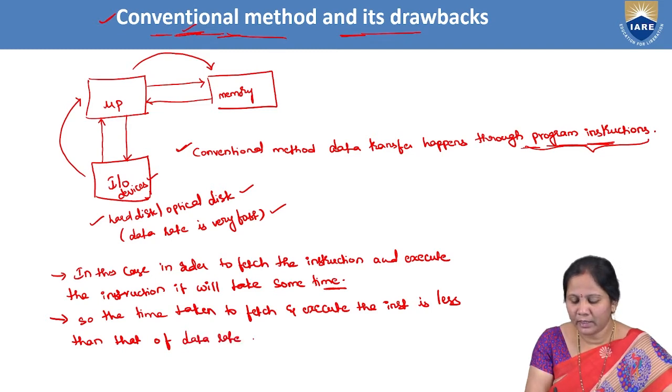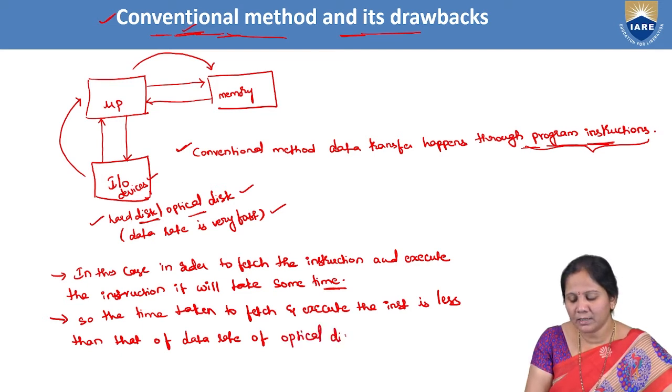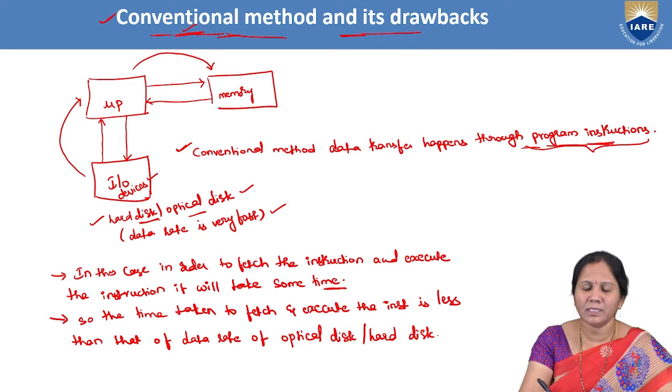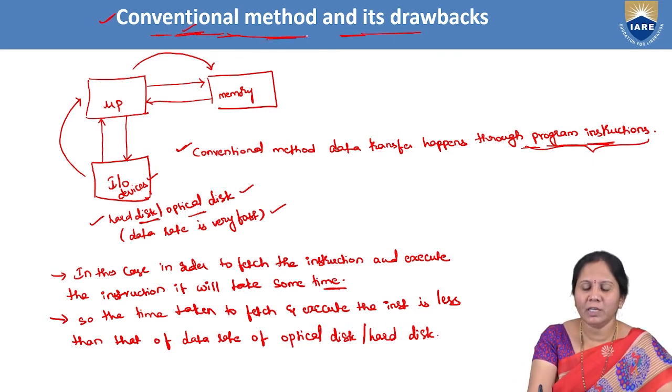The fast devices we have considered here are the hard disk or optical disk. So this is the main drawback in this conventional method.